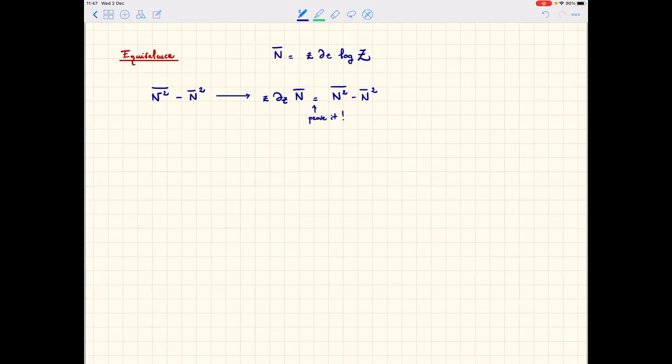In other words, in order to compute these fluctuations, we have to compute z d/dz of z d/dz of log of the grand canonical partition function. And that's it.